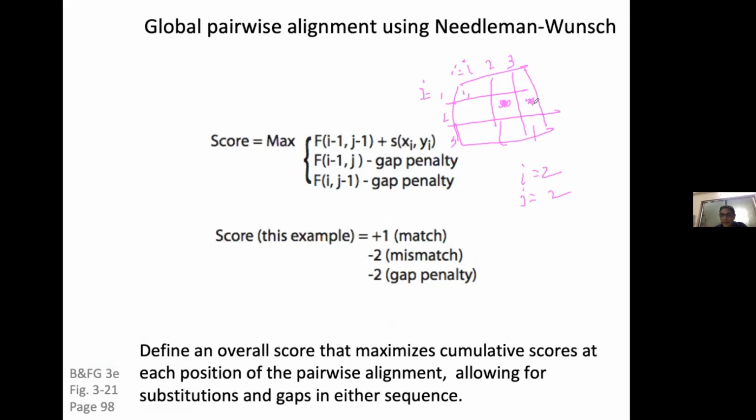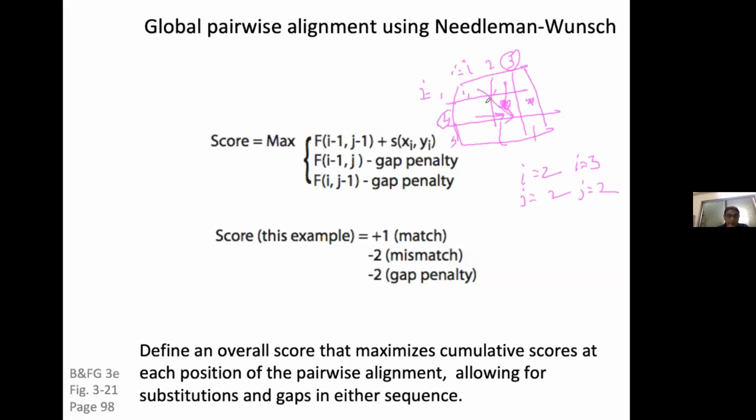If you look at it here, I is equal to 3 and J is equal to 2. So now we need to find it. And this is how we find the best score. One value comes horizontally, one value comes vertically, and one value comes diagonally.